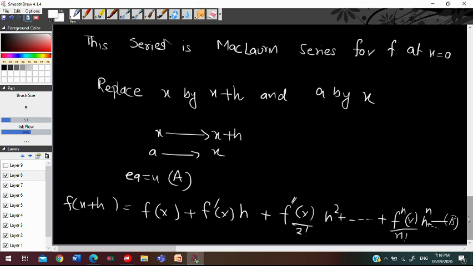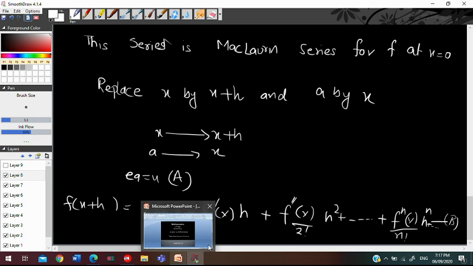Now in all this discussion, you can see what is Maclaurin series, what is Taylor series, and finally which statement is known as Taylor theorem. Now this is the theory of all this Taylor and Maclaurin.